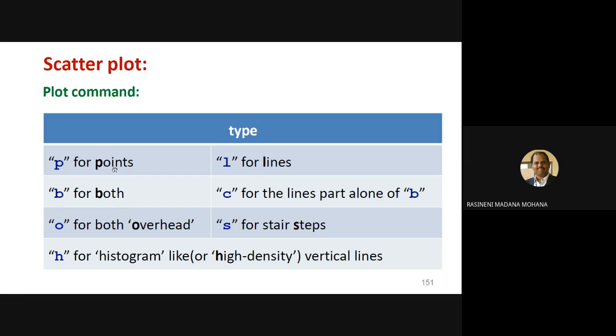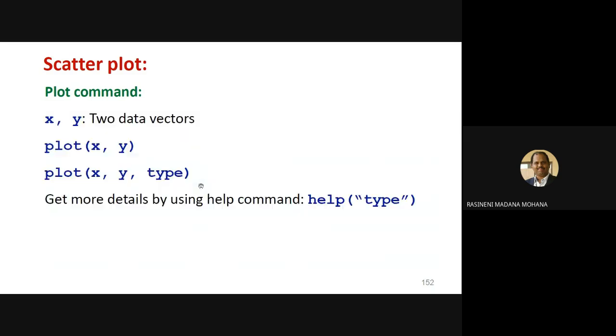If you give b, for both, it gives both points and lines. If you give o, it is overplotted. If you give s, it gives staircase format. If you give h, it gives histogram type. Now all this we will see with examples.